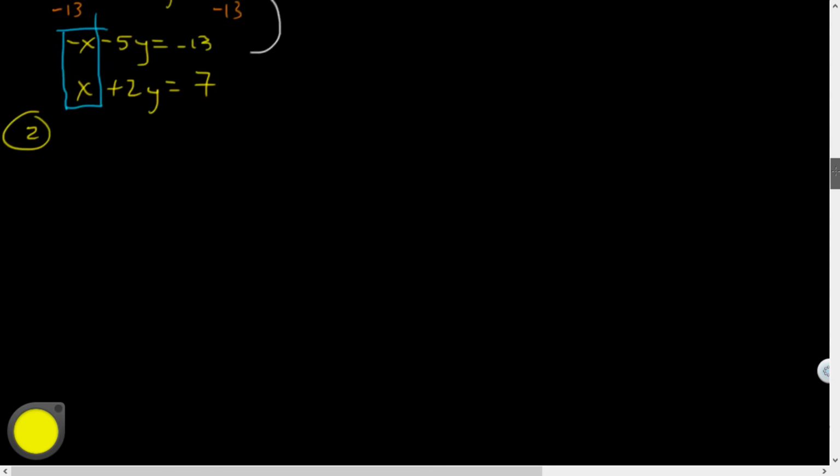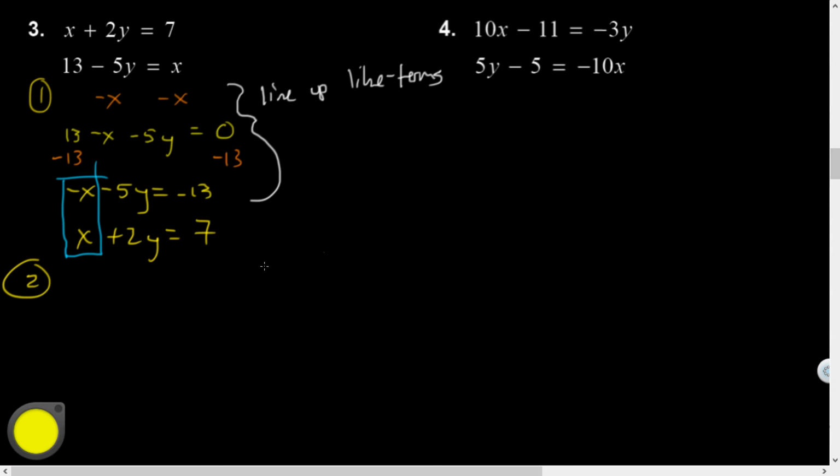All right, so add them up. There we are. So x and -x is nothing, 0 x's. -5y and 2y is -3y's equals -13 and 7, which is -6.